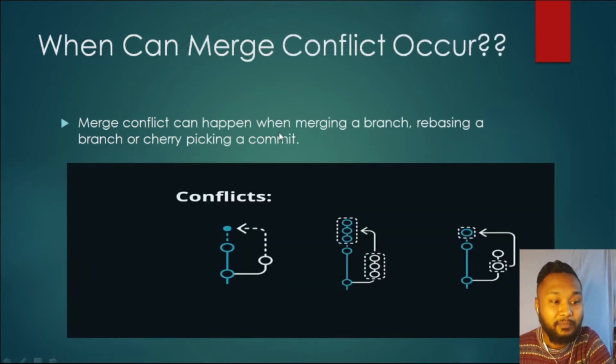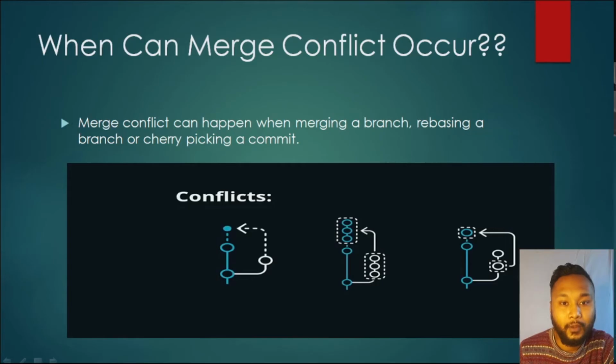A merge conflict can happen when merging a branch, rebasing a branch, or cherry picking a commit. So basically, a conflict can occur while merging, rebasing or cherry picking a commit. It is not quite right to say that a merge conflict occurs only while merging a branch.